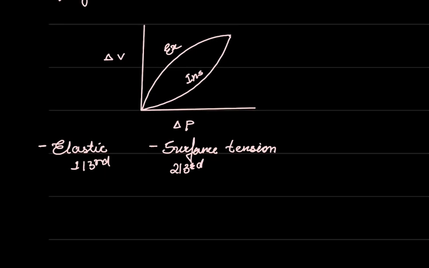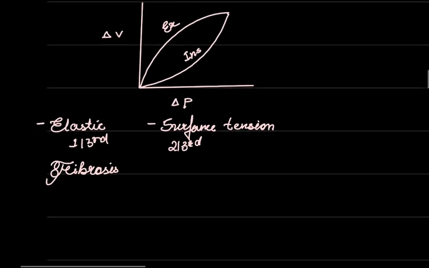The first is fibrosis. During fibrosis, the lung cannot expand properly. As the lung cannot expand properly, the functional ventilatory capacity decreases and compliance also decreases. And during emphysema, as the elastic tissues are damaged, the lung gets expanded easily.